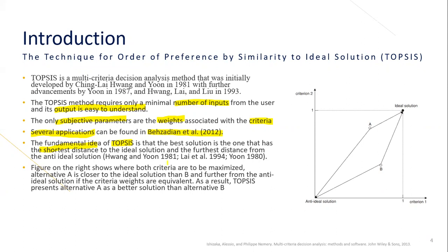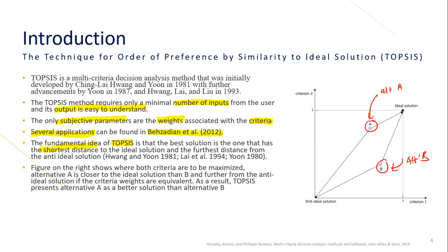Okay, so for example, here you have two alternatives, right? Alternative A here, and alternative B here. In AHP, we calculate pairwise comparisons and something like that.